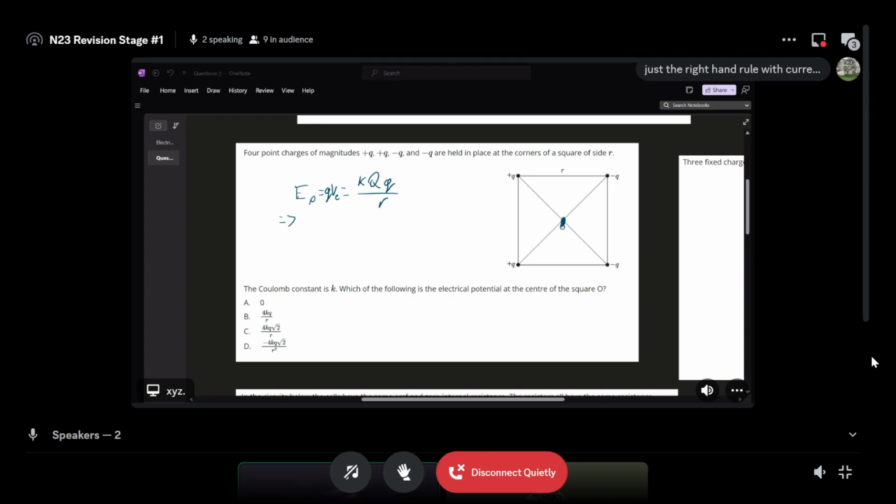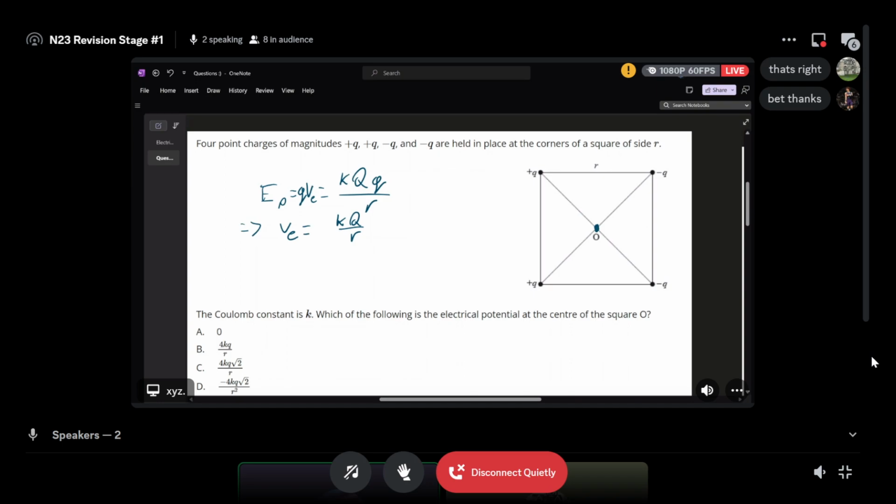And this implies that VE is equal to KQ over R. So it basically does not matter what our charge is. Again, it's the work done in moving a charge from a reference point per unit charge. So yeah.